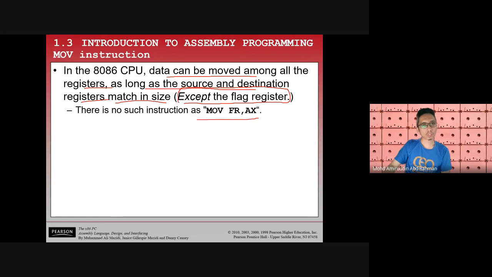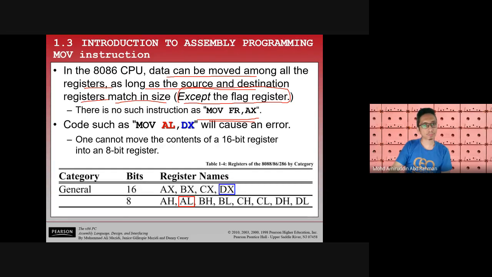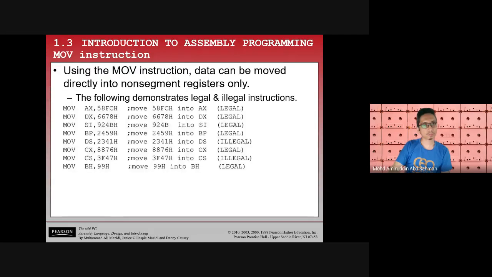So this is illegal. Other than that, it can be used. Except for the segment register, which is illegal. So it is illegal to perform the move and add instruction to the segment register.